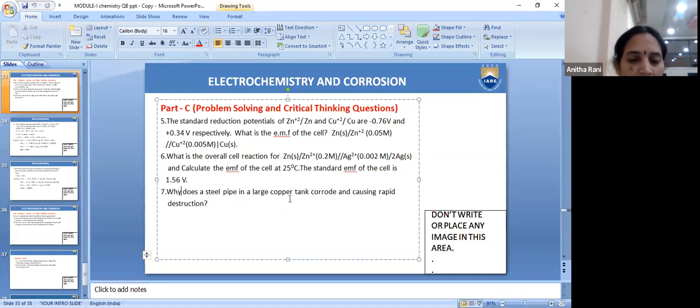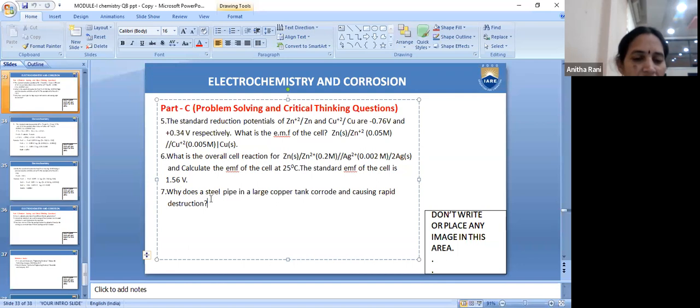Since there is a large cathodic area, it wants more electrons and will gain electrons, so the oxidation reaction at the small anode will increase. More and more oxidation takes place at the small anodic area, so it will undergo severe corrosion and rapid destruction of the steel pipe.